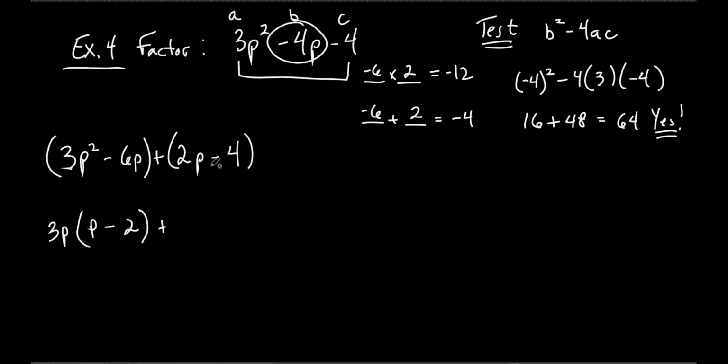Plus, what's in common with this? Greatest common factor. There's a 2 in common. So I factor out a 2, and I'm left with p minus 2. Now check it out. Both of these are the same. If one comes out different than the other, you did something wrong. In fact, last night on a problem, I didn't do it correctly because, stupid me, I wrote down the number wrong.